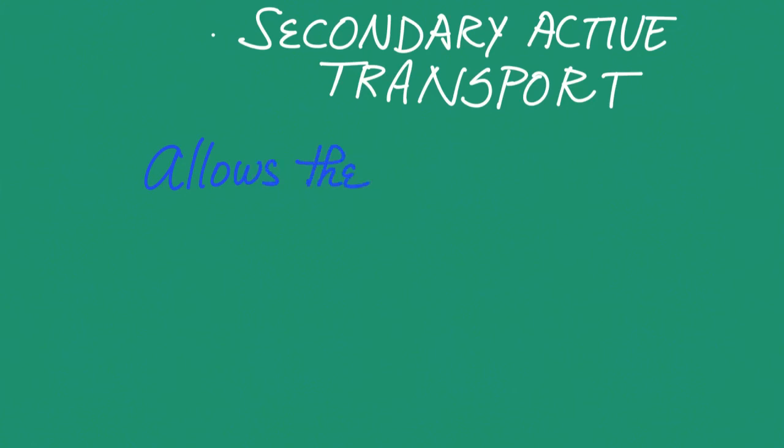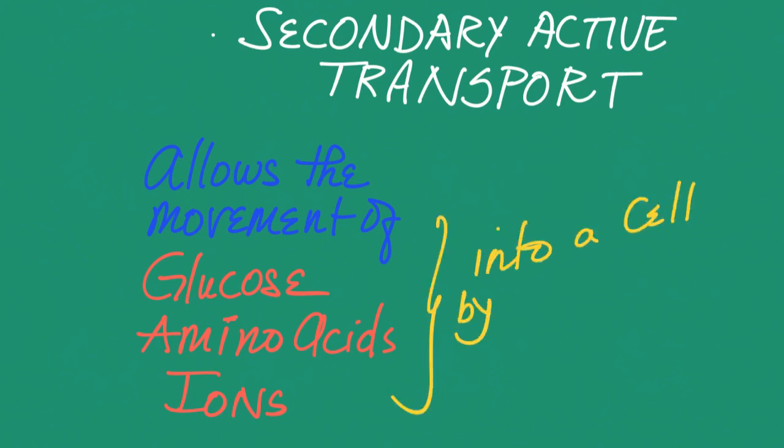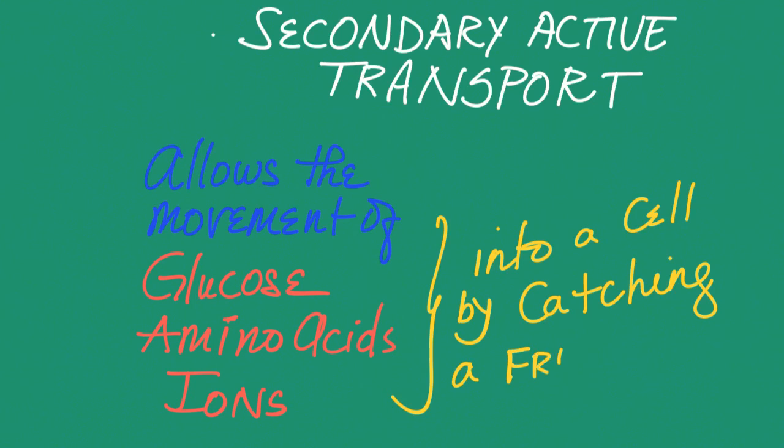So, secondary active transport allows the movement of glucose, amino acids, and ions into a cell by catching a free ride with sodium. So let's see how that happens.